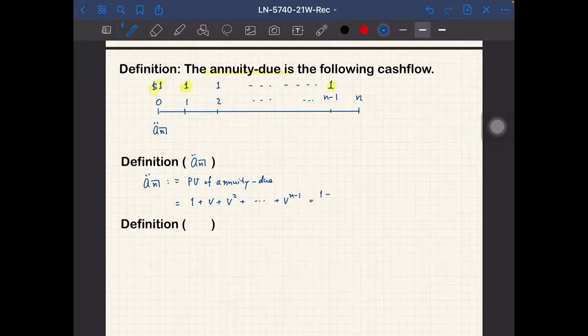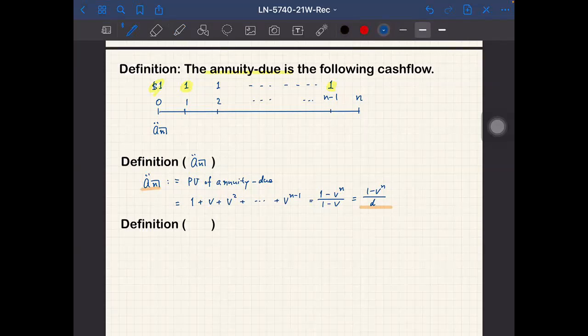By using the formula for the summation of the geometric sequence, this becomes this. And 1 minus v is defined as d. So if we use d, we can write this as 1 minus v to the power n over d. This is the formula for A double dot right angle n.